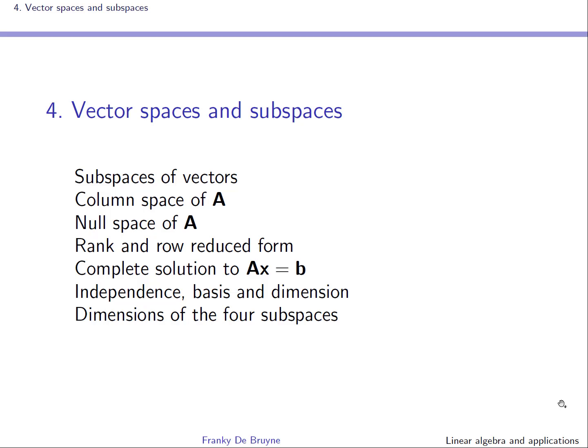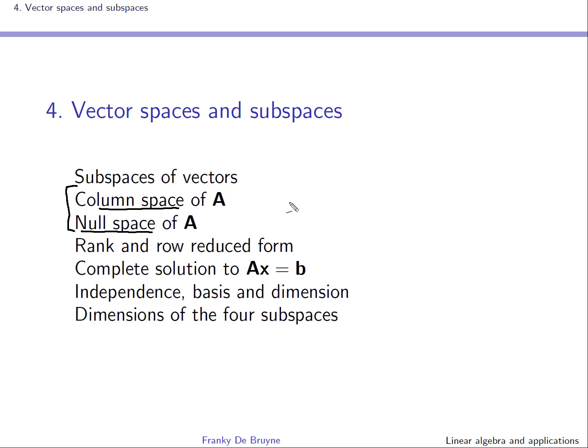Well, in this video 6 we start section 4 of the course about vector spaces and subspaces, and more in particular we'll talk about spaces associated to a matrix A. We'll talk about the column space and the null space of a matrix, and associated with the transpose we'll have two other subspaces, which are the row space and the left null space.